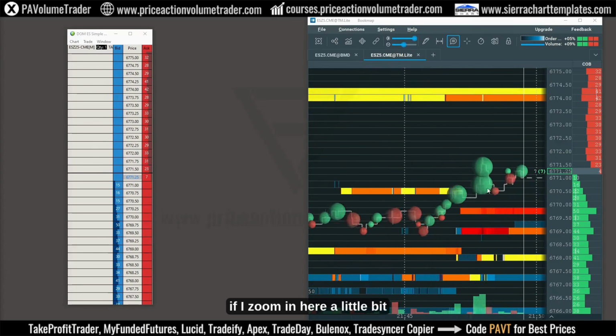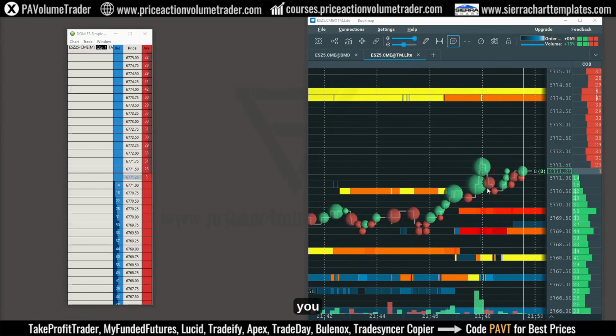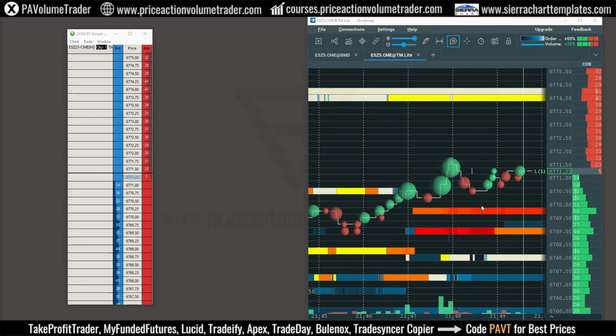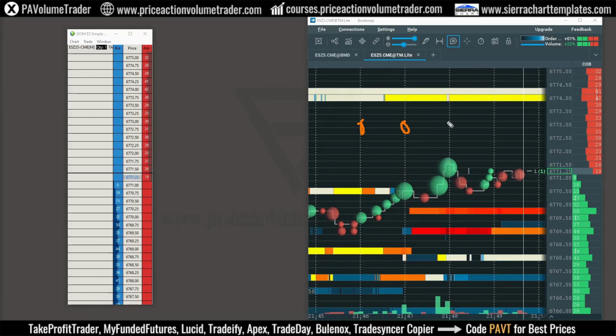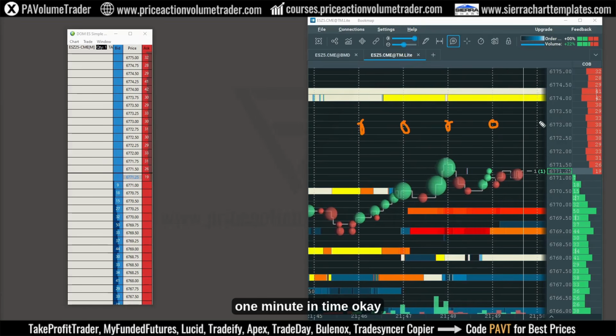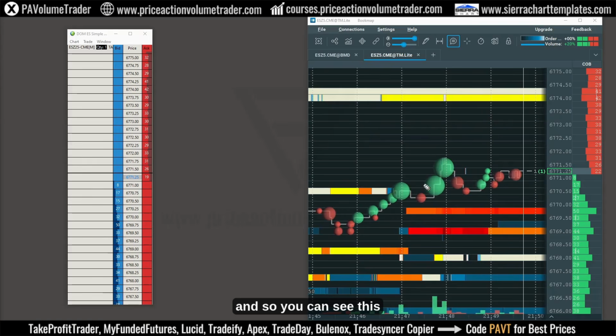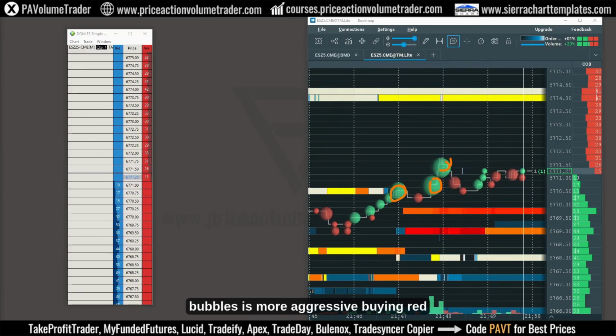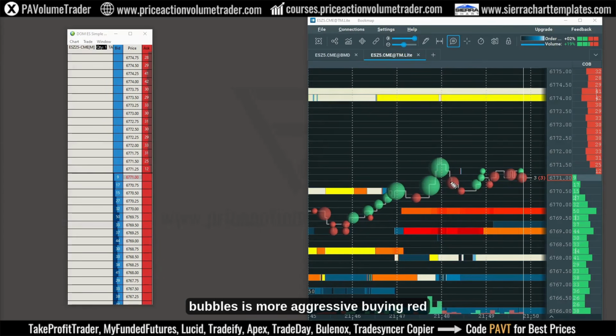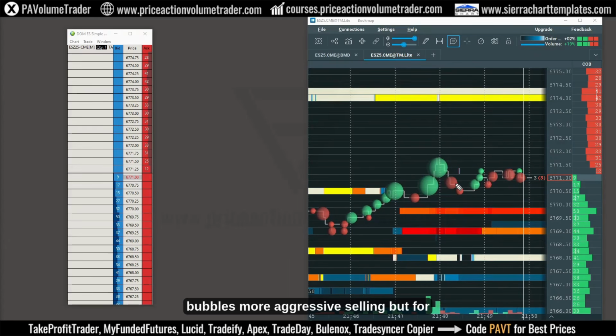So if I zoom in here a little bit, you can see right here, each one of these lines represents 1 minute in time, okay? And so you can see these bubbles are the execution. So green bubbles is more aggressive buying, red bubbles more aggressive selling.